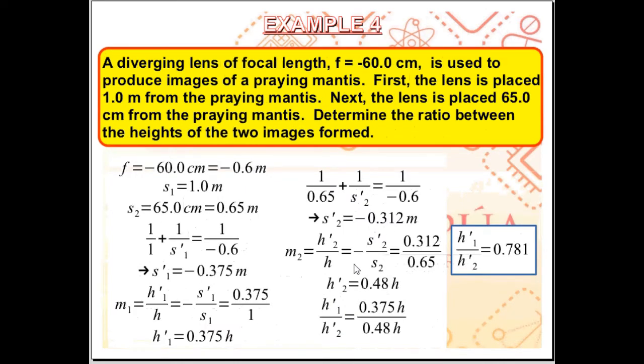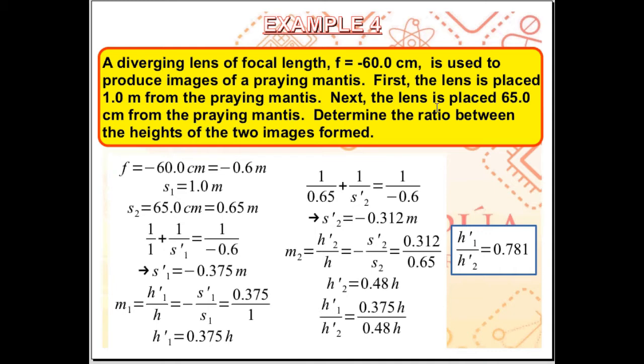Next, we have example number 4. This time we have a lens, in particular a diverging lens of focal length f equal to negative 60 centimeters. The lens is used to produce images of a praying mantis. First, the lens is placed 1 meter from the praying mantis. There's an image formed. Next, the lens is moved and placed 65 centimeters from the praying mantis.